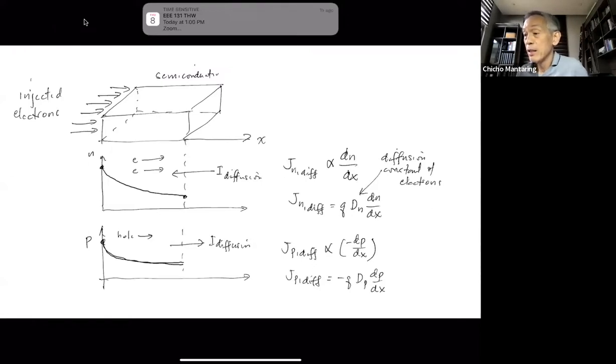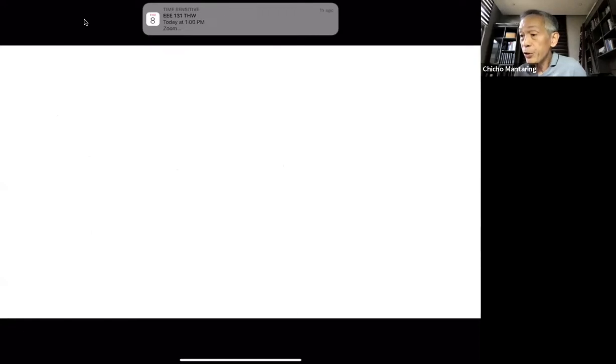Okay. So if you get your total diffusion, this is Jn diffusion plus Jp diffusion. This takes into account the non-uniform concentration of both electrons and holes. Okay, this is q Dn dn/dx minus q Dp dp/dx.